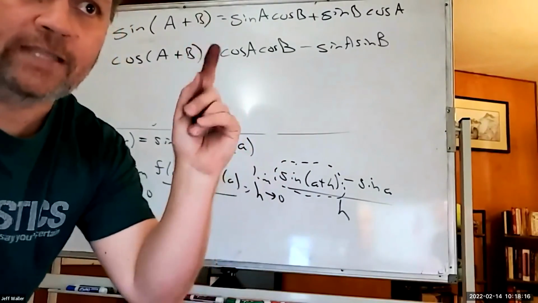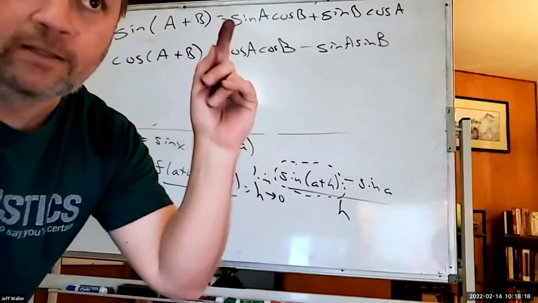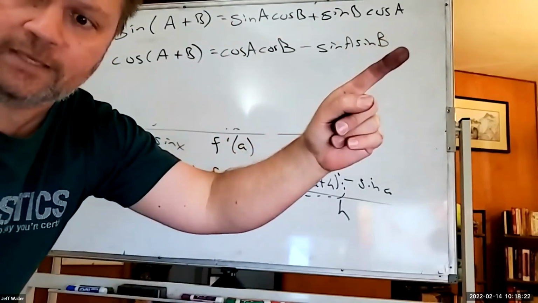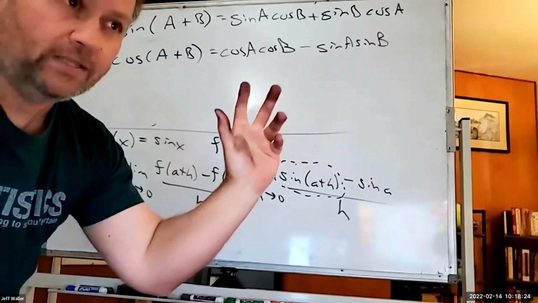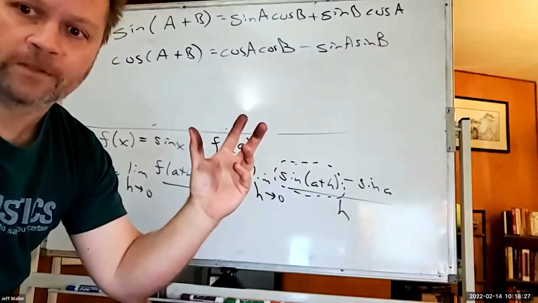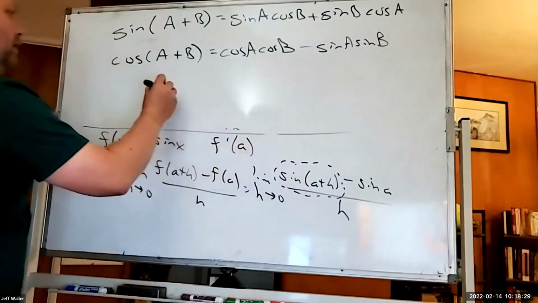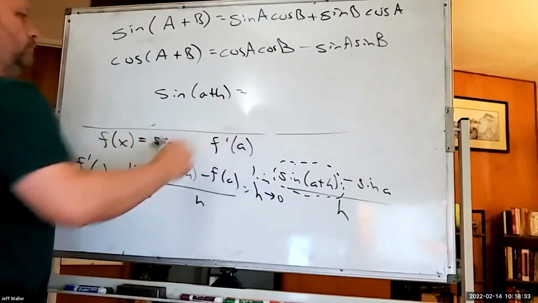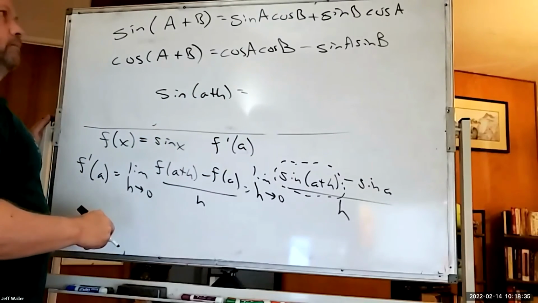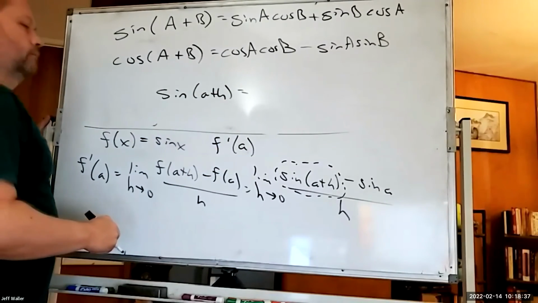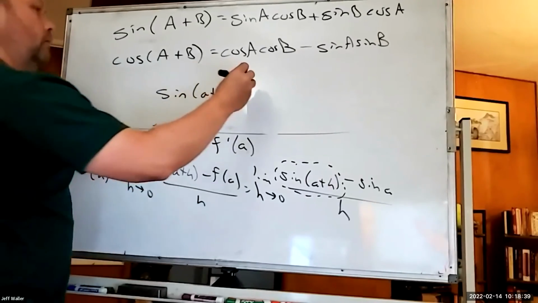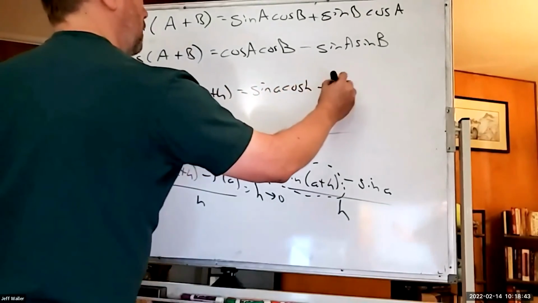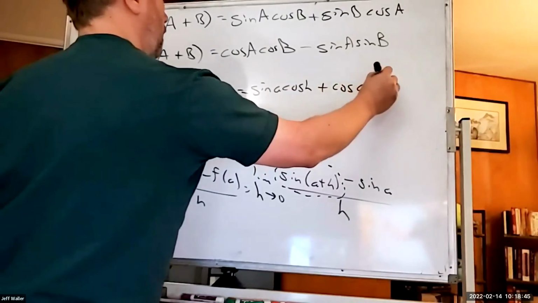Now, obviously, I didn't just prove anything. I go through a whole thing in my pre-calculus class where we actually prove these things. Hopefully, these are somewhat familiar. So what would sine of A plus H be then? Sine A times cosine H plus cosine A times sine H. I like it.